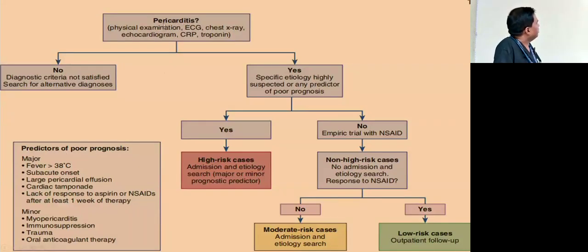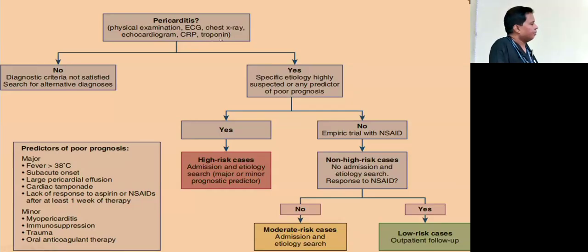So in any pericarditis, history and physical examination are very important. ECG, chest X-ray: sometimes it may not give any findings, it may be normal also. But sometimes there may be some lung infiltrates or associated lung infection. Echo, I'll come to it. In echo, they may have some pericardial effusion, which will give a clue.